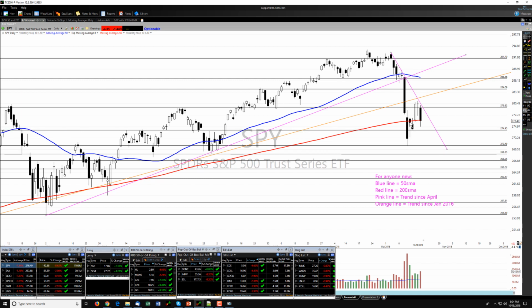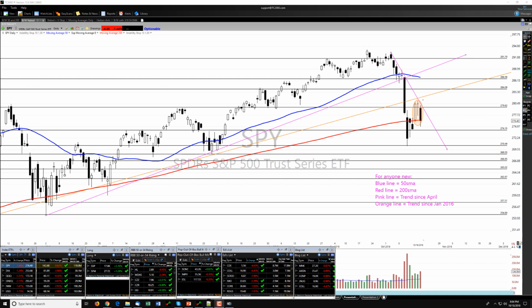And we fell down through the 200, got a bounce, but this is looking a lot like a bear flag. And in particular, that looks an awful lot like an evening star signal that fell back down through the 200 today.